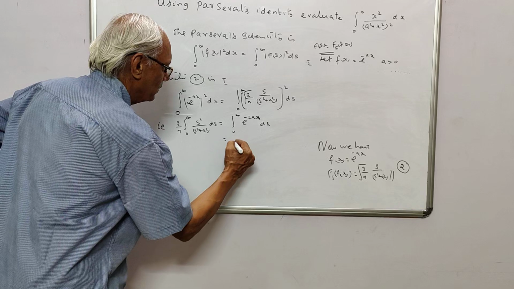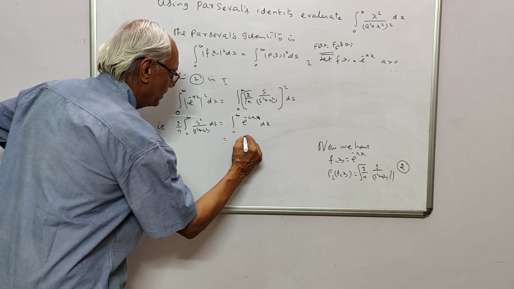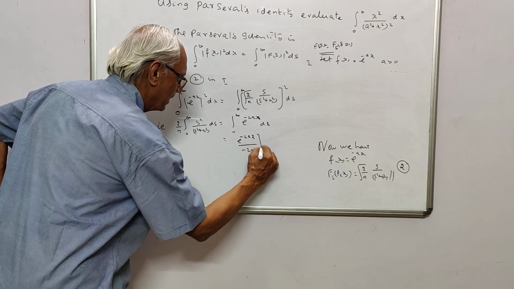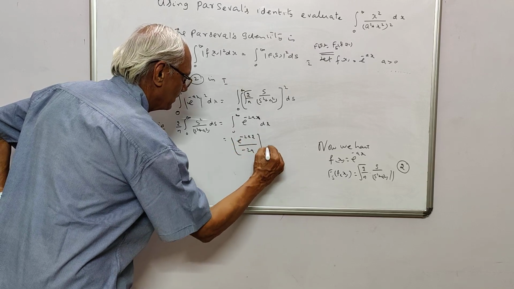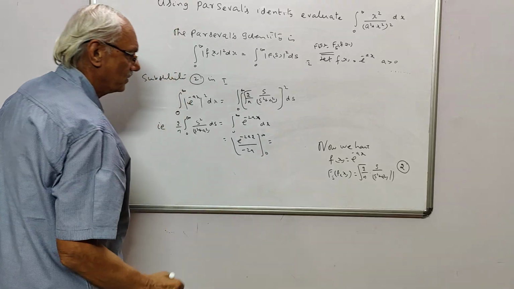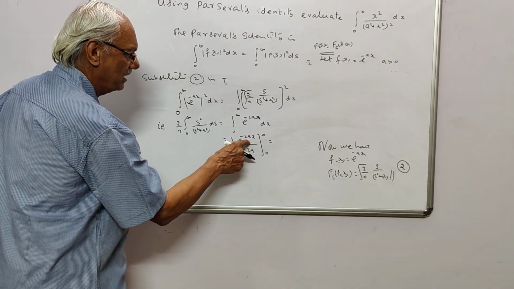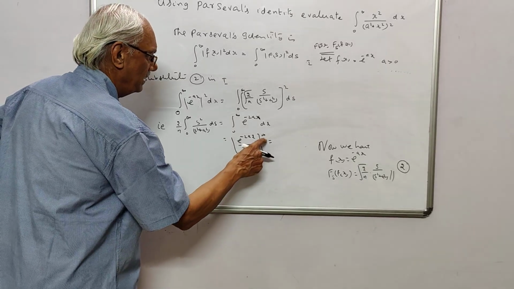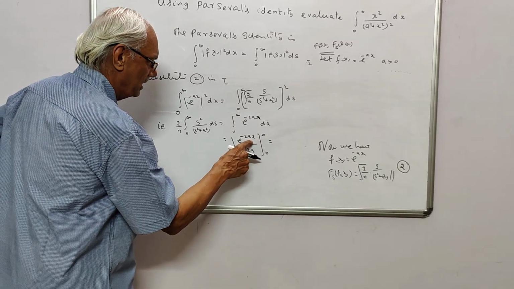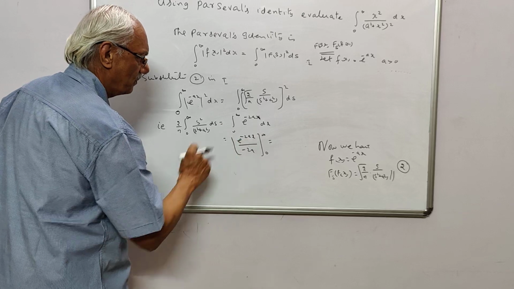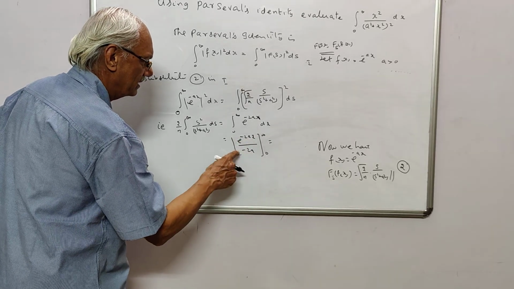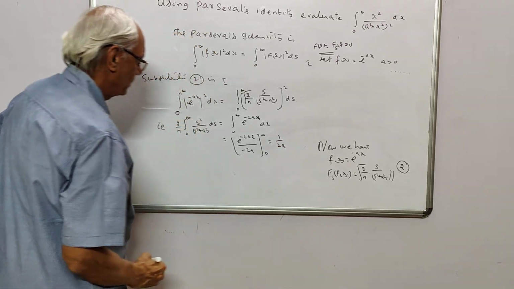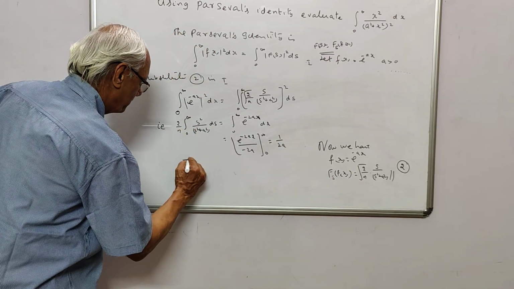So you see that this is nothing but e to the power of minus 2ax divided by 2a, from 0 to infinity. As I told you, if you put infinity, it is 0 because e to the power of minus infinity is 0, minus, if you apply the second limit, it will be 1 by 2a.